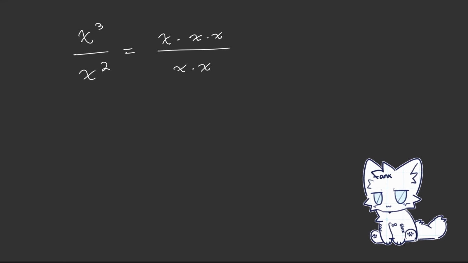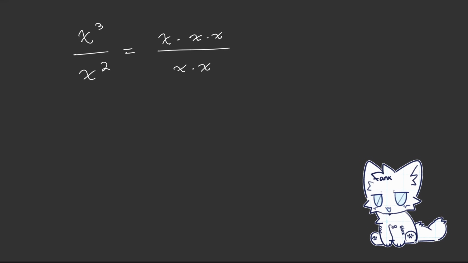Now, what happens if you have x to the third power over x to the second power? Well, let's expand this. This would just equal x times x times x all over x times x. Now, this is easier to simplify.